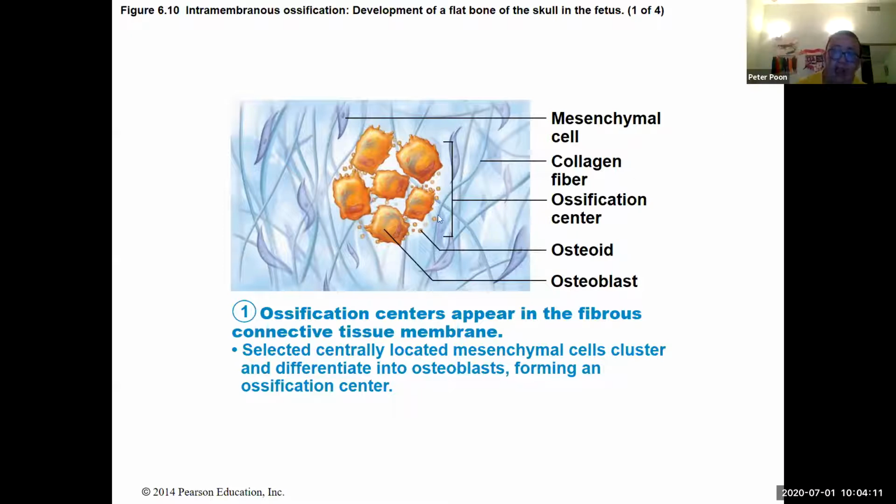Cells invade into the middle of the membrane, and that is called an ossification center, the beginning of where things ossify. Now these osteoblasts start secreting osteoid. Remember, osteoid is the thing that forms solid bone.